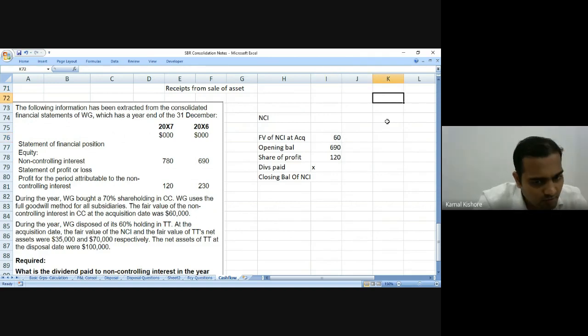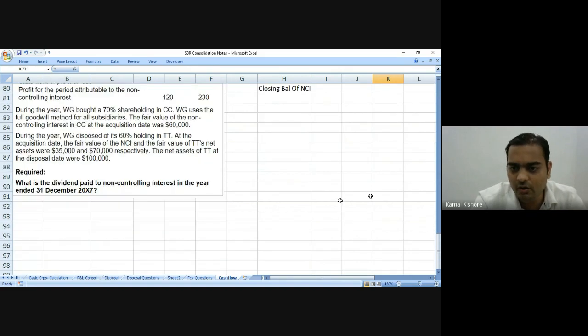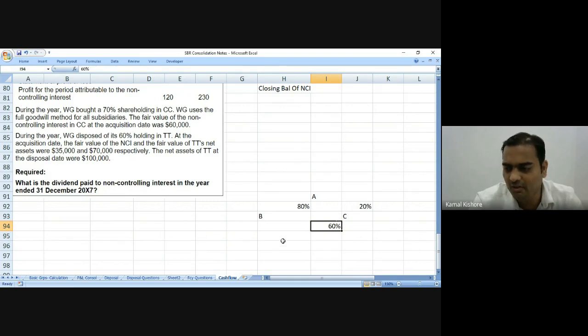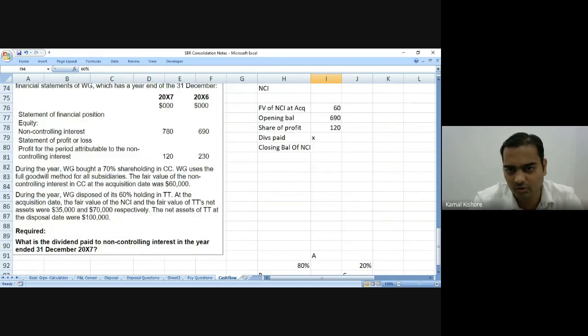Then we have something called cross consolidation, where A holds, let's say, 80% of B, B holds 60% of C, and C could hold 20% of A. Possible? Yes. That is not covered; that is the CA final, which is much more complex. Chain consolidation is also there, where A, B, and C we have to consolidate.